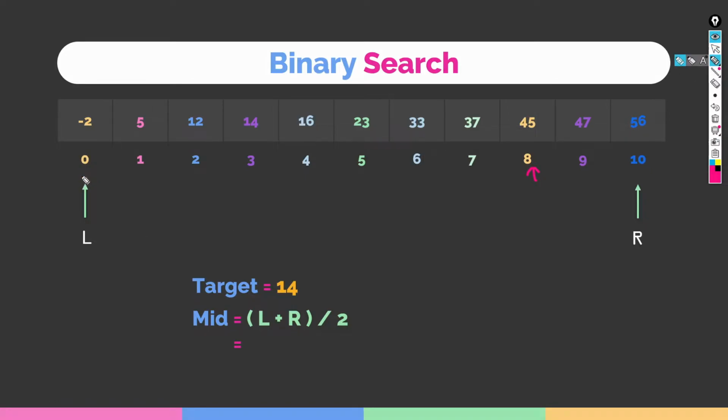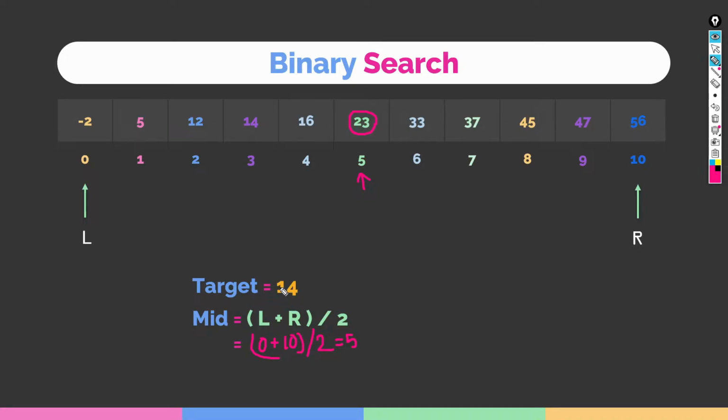At first the left is 0 and right is 10. So 0 plus 10 divided by 2, which is 5. This is the mid value. Now we can see that this value is clearly greater than our target.